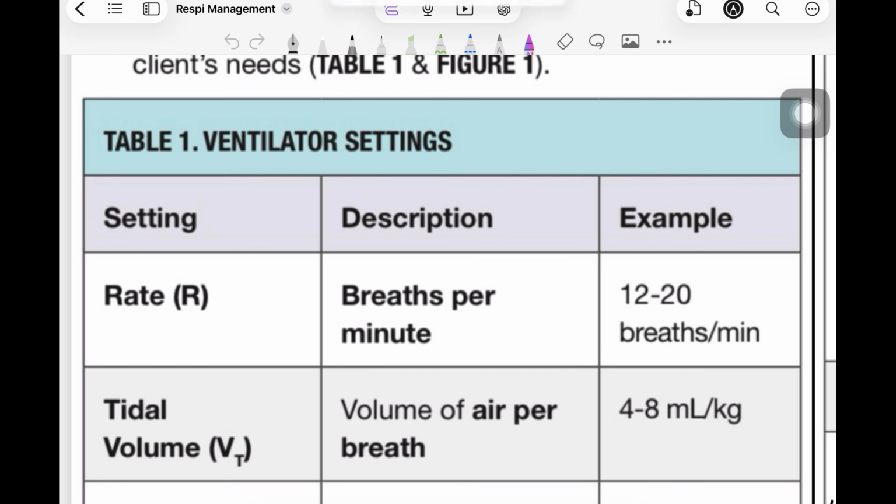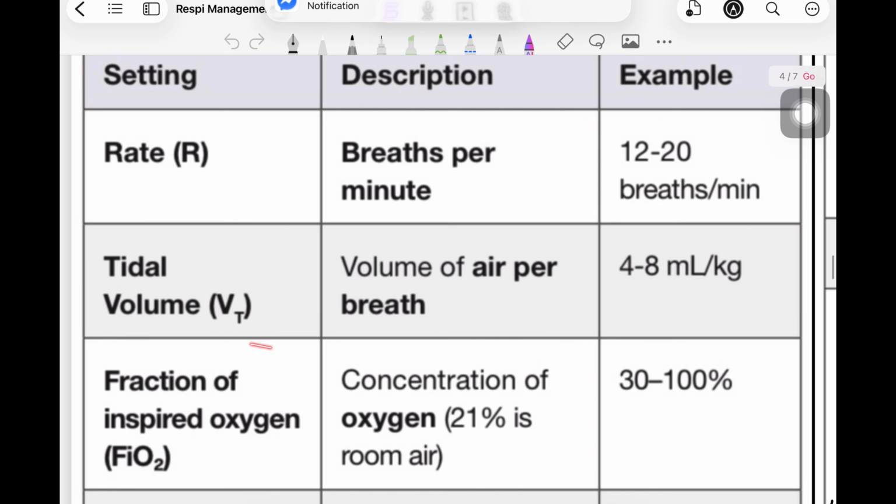Next, we have the fraction of inspired oxygen, the FiO2. Ano naman to? It is the percentage of oxygen that the patient receives. It is the concentration of oxygen. The room air contains 21% of what? Of oxygen. Again, the room air contains 21% of oxygen. Example, we have here 30 to 100% of FiO2.